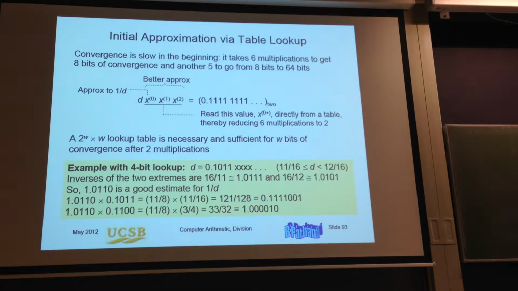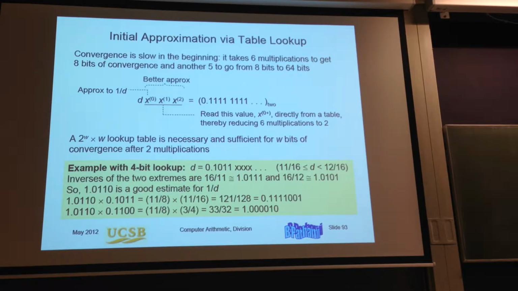Now, I mentioned that in the previous discussion. You saw that in each and every iteration I was doubling the number of bits of precision, getting closer to 1. Now what I can do is an approximation in the beginning in this way. I want to compute 1 over d. For this 1 over d, I can use some bits from d, a number of them, and use them as an address into a lookup table.